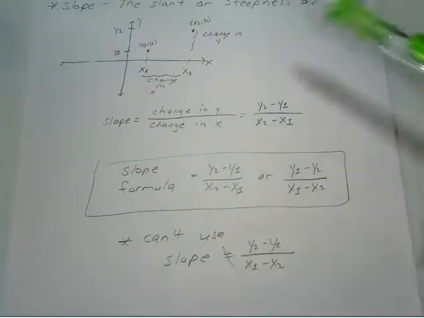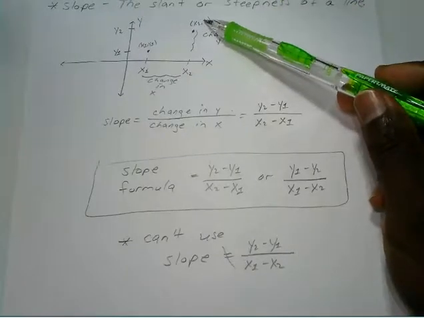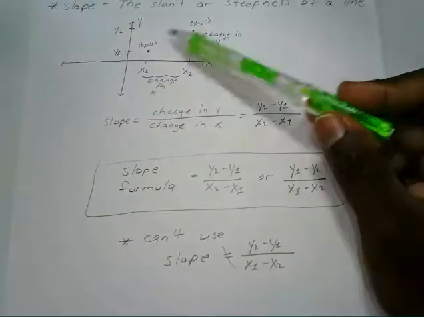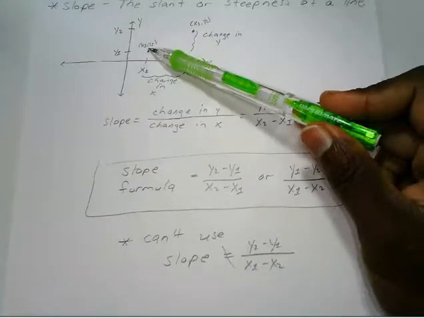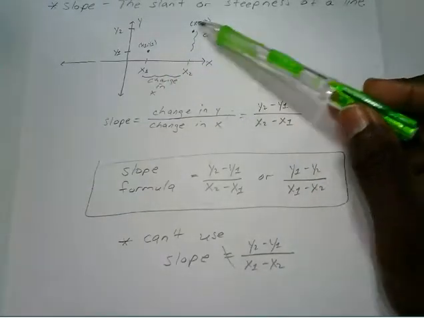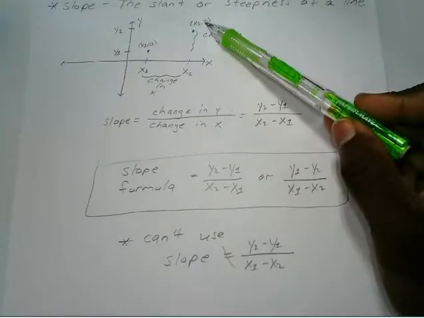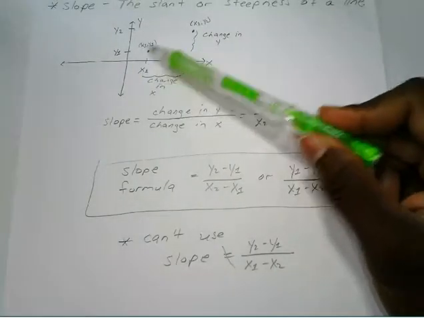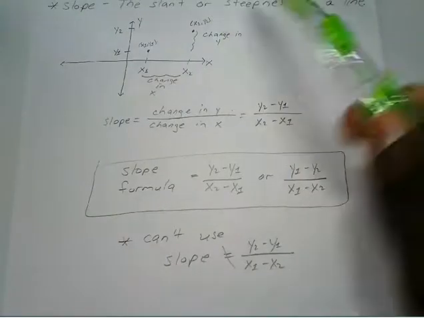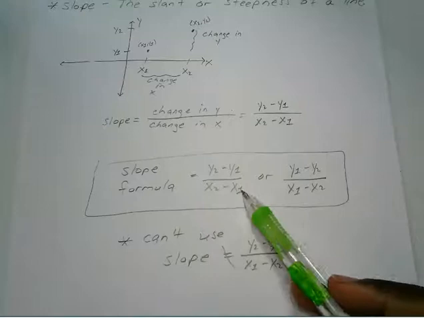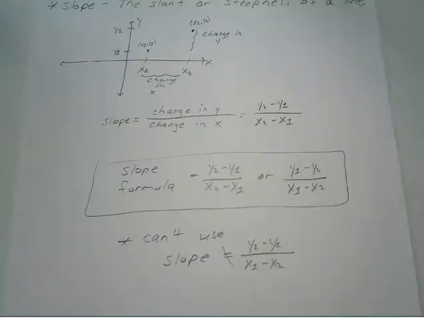If you go from y2 to y1, you have to do the same thing with x2 to x1, or y1 to y2 and x1 to x2. They have to go in the same order. You can't go y2 to y1 and then x1 to x2. You're switching direction, so remember, you can't do that. You have to have these in the exact same order.